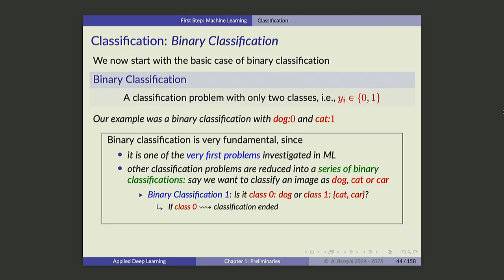If it's anything else, I'm going to go into another binary classifier. That classifier knows that this is not a cat, so it's going to be either dog or car. If it's dog, I'm going to label it 0. If it's car, I'm going to label it 1. So if you have 100 classes, you can still do it that way. If we can solve this problem, we can solve those problems as well.